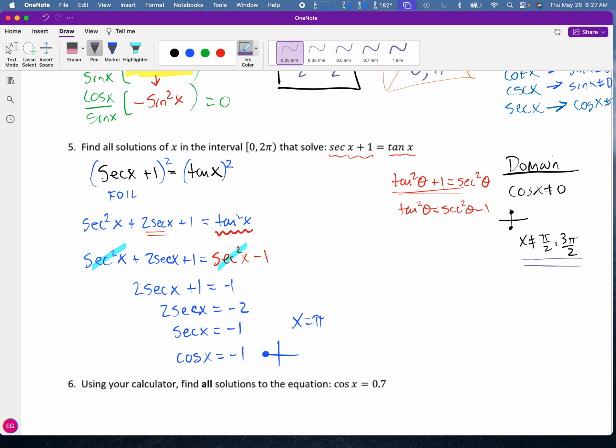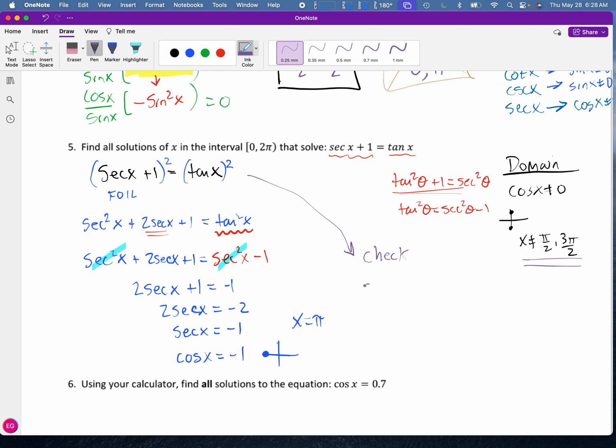But if we go all the way back to our solving techniques from the beginning of the school year, whenever we squared both sides, we instantly had to check our answers to see if they worked, because occasionally when you're squaring both sides, you can end up with an extraneous solution that works only when it's squared. You could get something like negative 1 equals positive 1, and if those were squared, the negative 1 would turn into a positive 1 and it would work out. But since the original is not squared, we just have to check it.